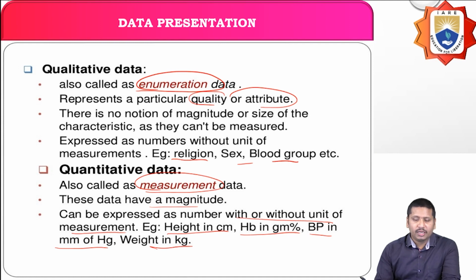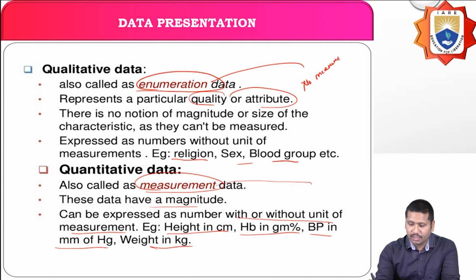So the comparison is that qualitative data is enumeration data, and quantitative data is measurement data. Data with no measurements is considered qualitative, but quantitative data has measurements. Qualitative data represents quality, and there is no magnitude or size of characteristic that can be measured.